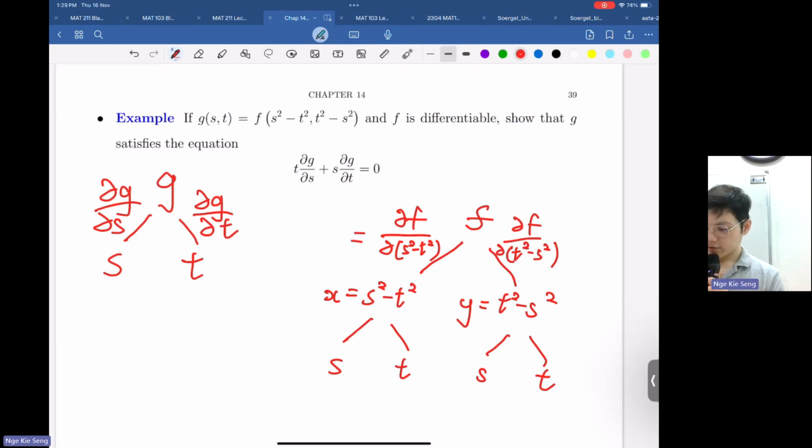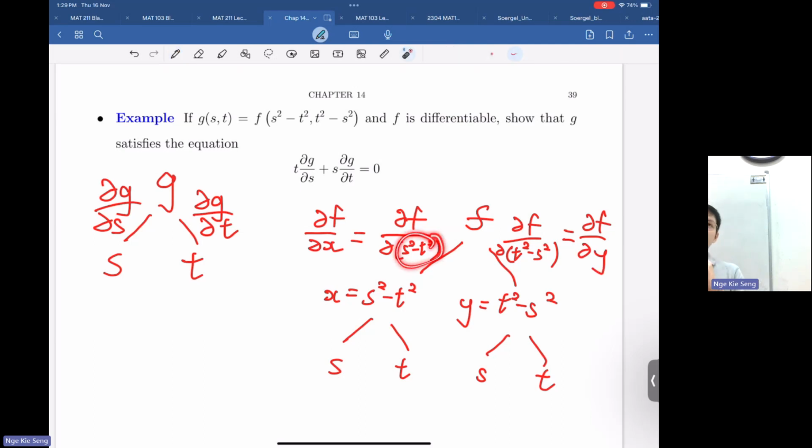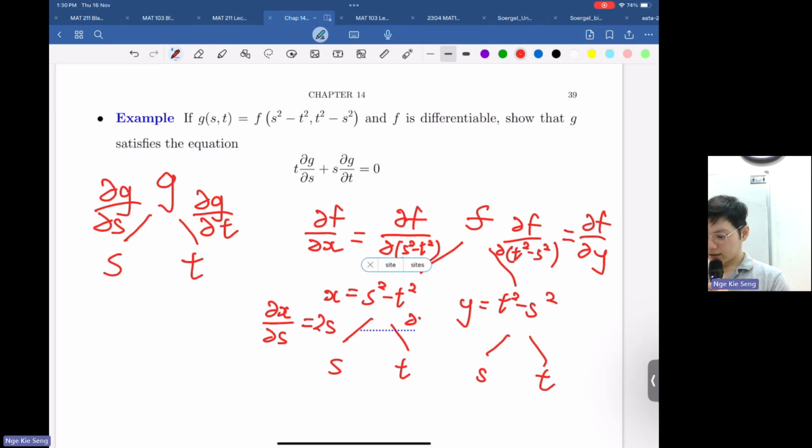If we rename it, then it is easier to write, instead of repeating s squared minus t squared, s squared minus t squared. In this case, del x over del s becomes 2s, and del x over del t becomes minus 2t.